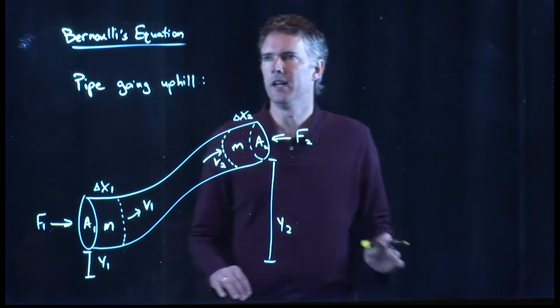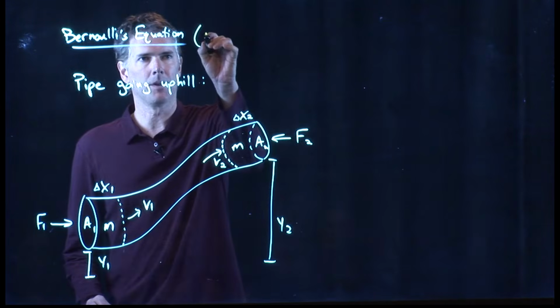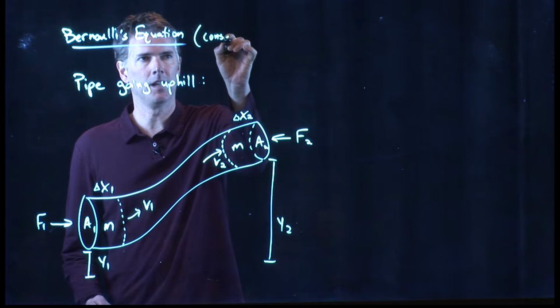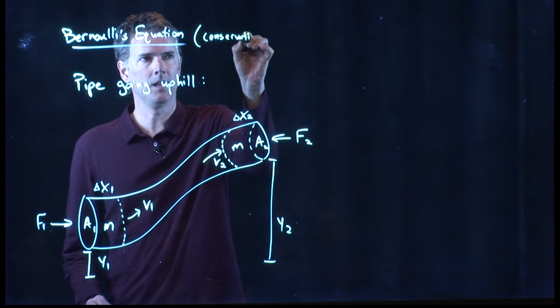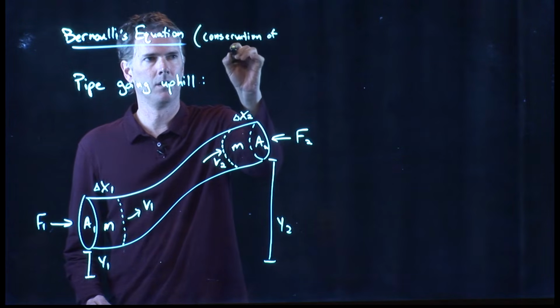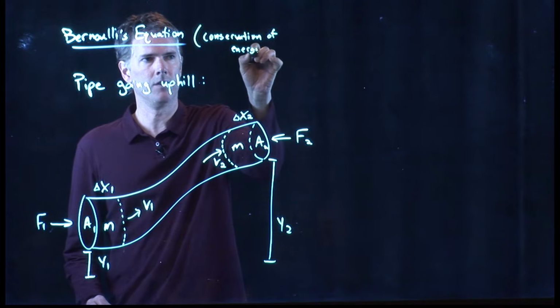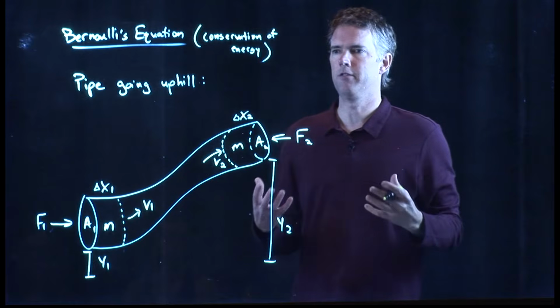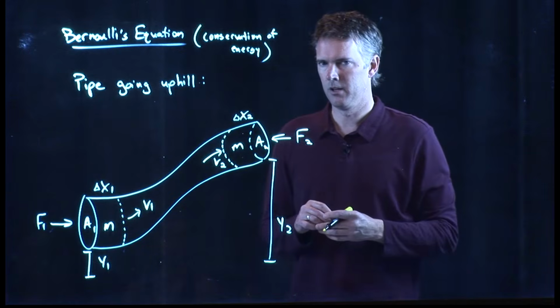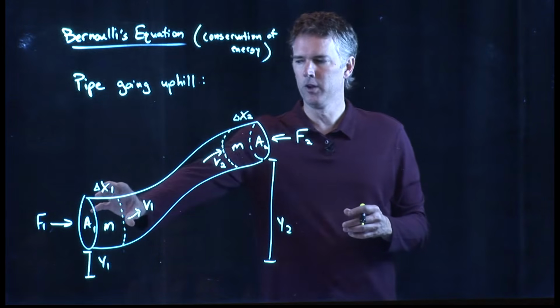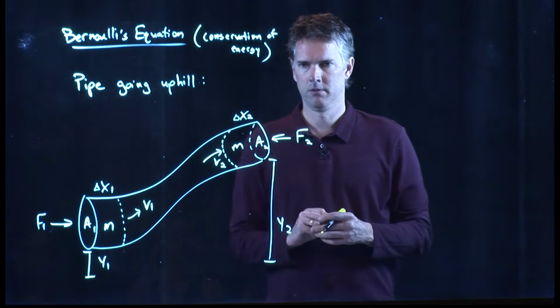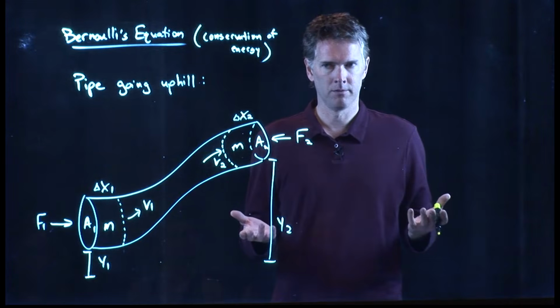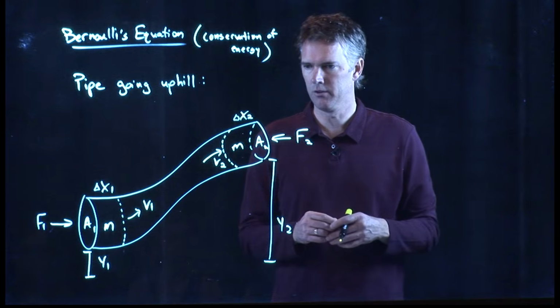Bernoulli's equation is really not so complicated because it is completely analogous to conservation of energy. It's basically conservation of energy for fluids. When you have fluids moving, you have kinetic energy. Anything moving has kinetic energy.